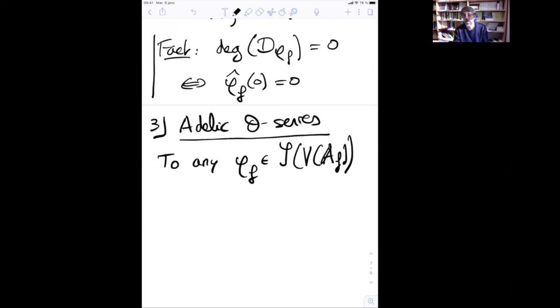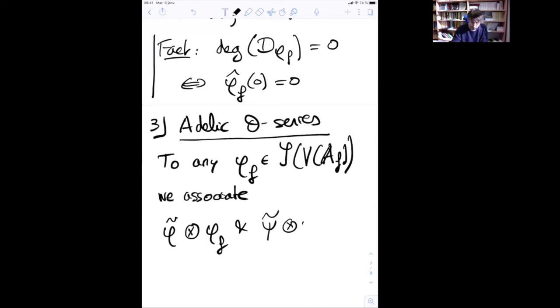So to any finite Schwartz function, we associate the tensor product of the Schwartz function, which was not really a Schwartz function, it was a Schwartz function with values in differential form, phi tilde, tensored phi f, and also, remember, we consider psi tilde, tensored phi f. And these, at infinity, take values in the differential form. So in the end, what you get is a differential form on S cross Cn.